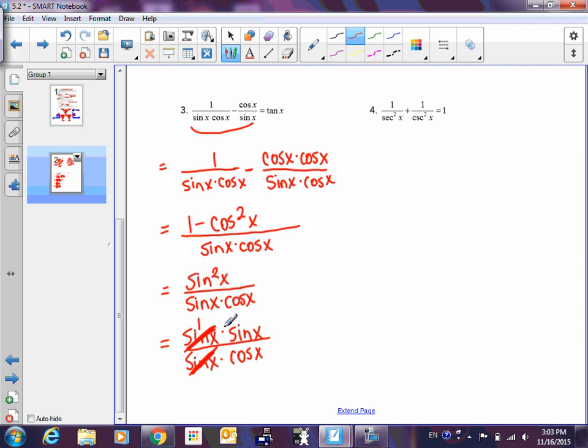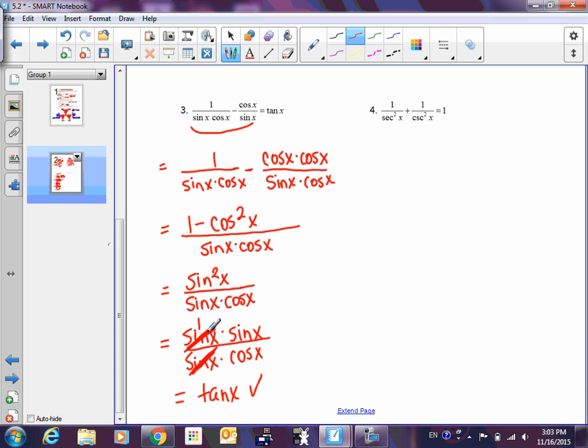And when you multiply by 1, you don't really have to write it. And what I have now is sine x divided by cosine x, which is tangent x. It's the quotient identity. One thing, and we're done with that one.